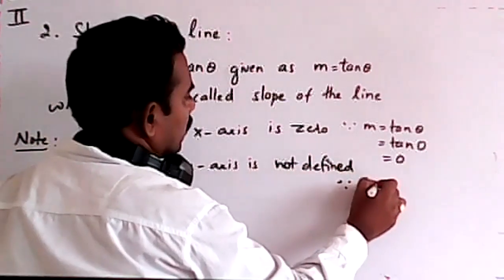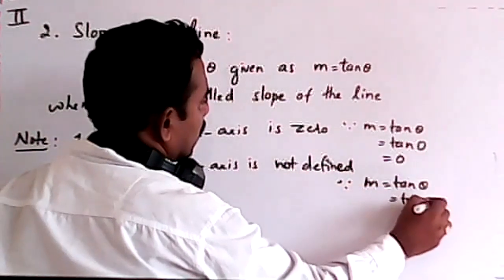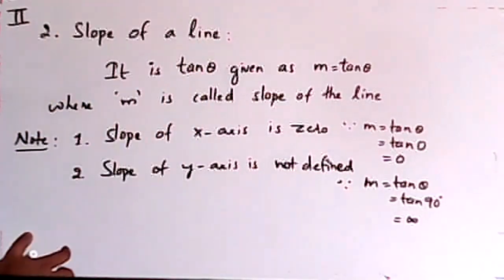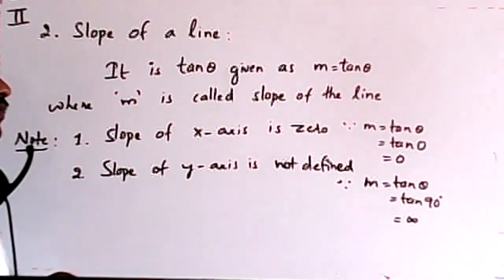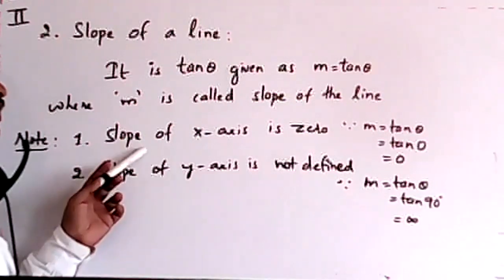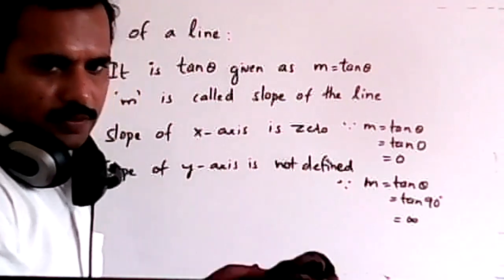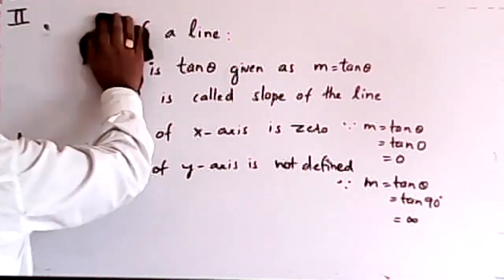Reason, m is equal to tan theta, theta is 90 degree, then it is infinity, right? Or else, when it is 90 degree, your line will be parallel to y-axis. When it is 0 degree, your line will be parallel to x-axis. Now we got slope of a line.